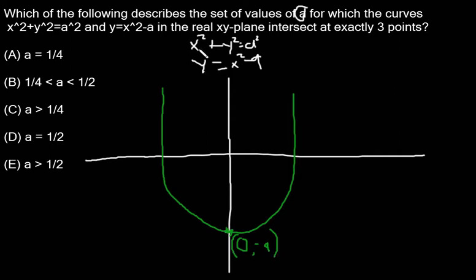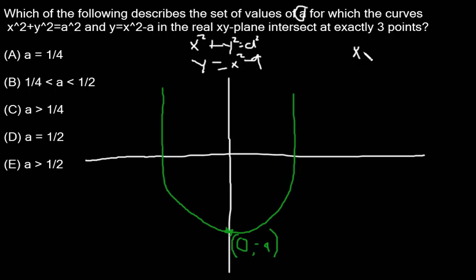Now how do we graph this one right here? x squared plus y squared equals a squared. And so, you might do what I did before. I did the algebra, I subtracted x squared on both sides. But really, all this right here is a circle, right? Remember what our circle is, all right?